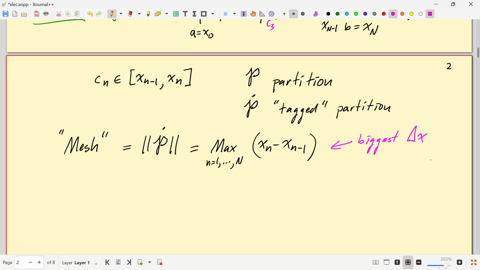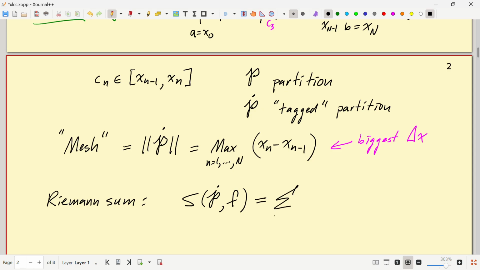Okay, then the Riemann sum associated with all this would be called S of P dot function, and it would be the sum as n goes from 1 to capital N. We'd evaluate the function f at the tag points.